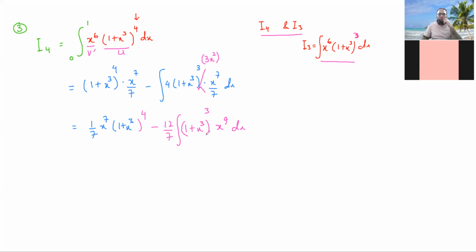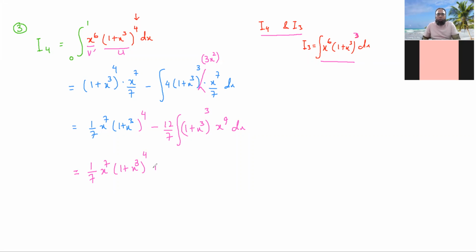The problem is how to bring in x to the power 6 here. We have x to the power 9 over here. So what I will be doing is, just look at this and try to understand what is happening here: 1 plus x cubed raised to power 4.